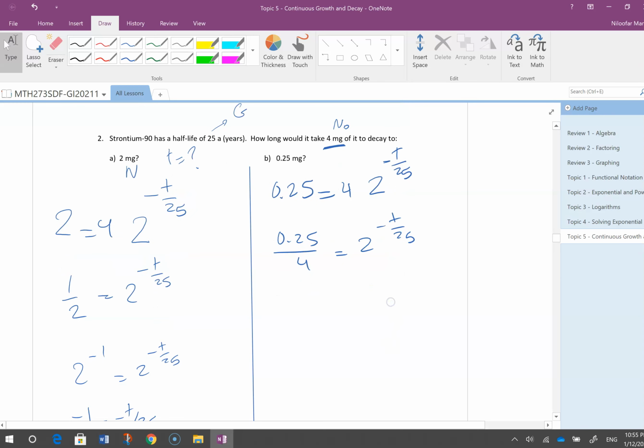Okay, so take ln of this, equal minus T over 25 ln 2.